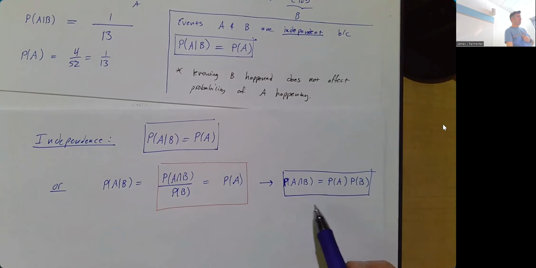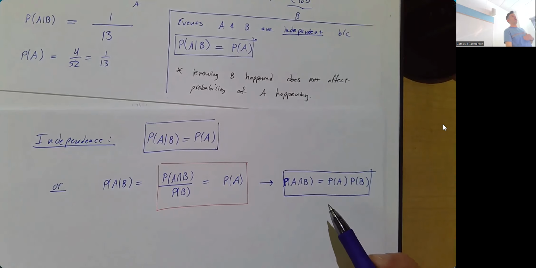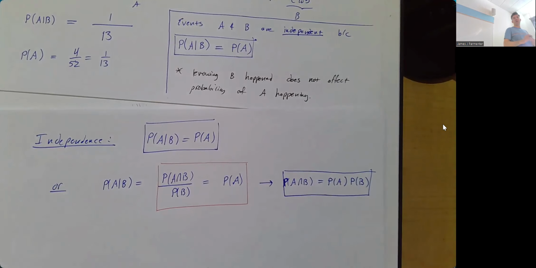If these two things are equal to each other, then you can automatically deduce that A and B are independent events. You can't have one without the other.